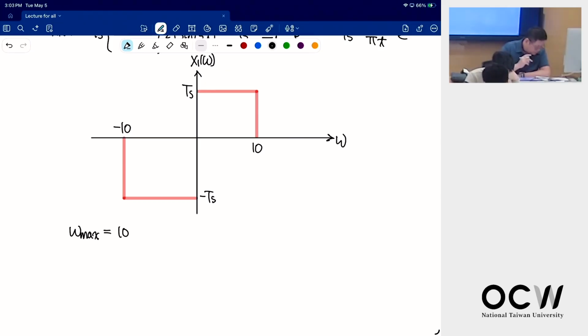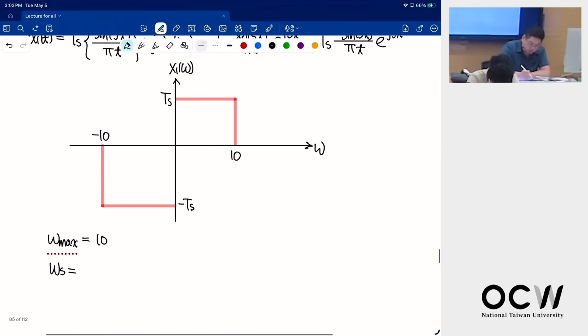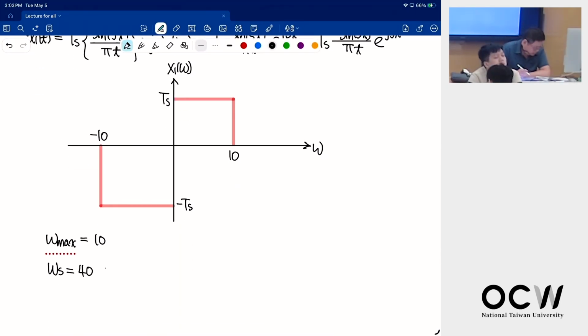So the omega is 10, which means my sampling rate should be greater than how much? 20, the Nyquist rate. So the sampling rate should be greater than 20. But let's see. Actually, the sampling rate here is 40. So that's greater than 2 times the bandwidth, which is just 20. So no aliasing.